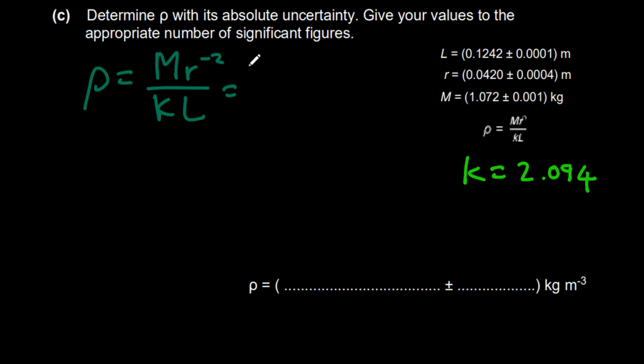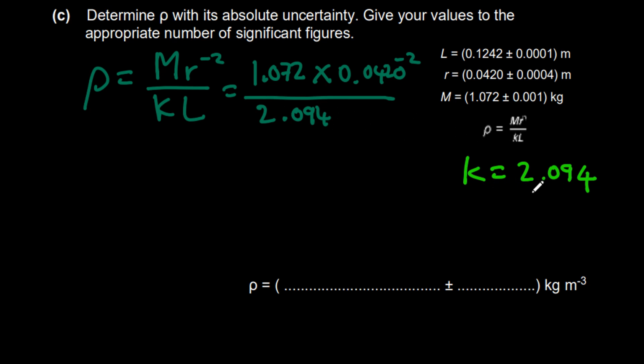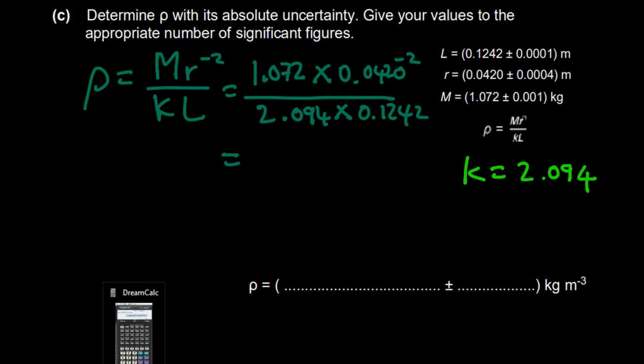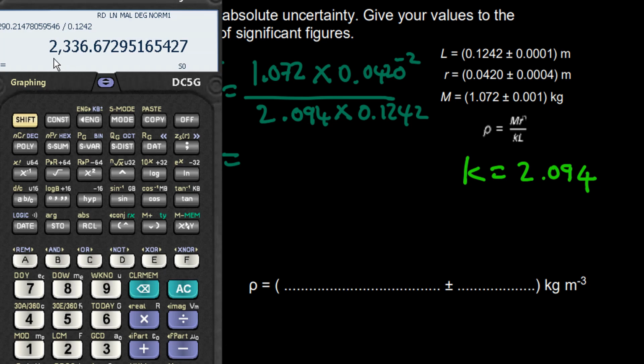So the mass m times r to the -2, all divided by k, the constant. We were given this value in the question, the value for k, and then times L in the denominator. And this, of course, we can do in a calculator. And we get an answer of 2336.67, and we can round it off to 2337.